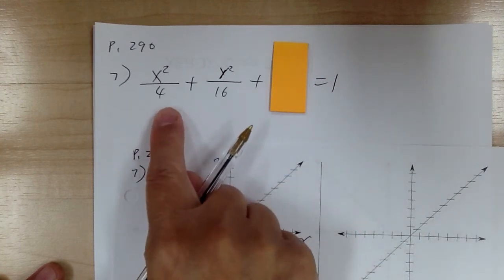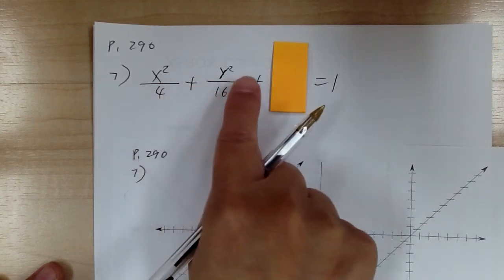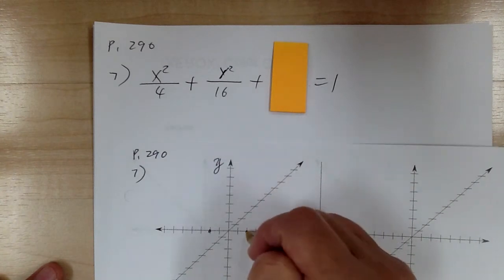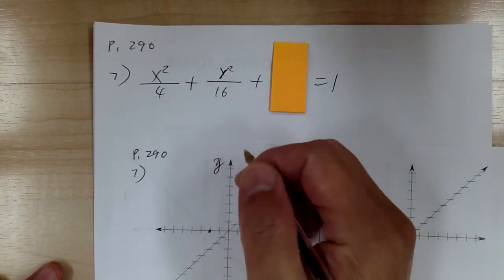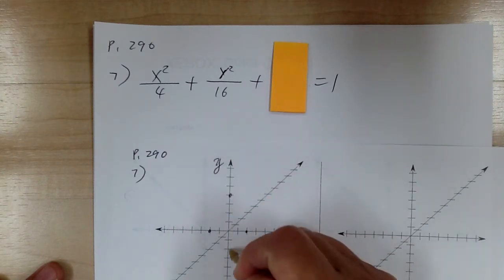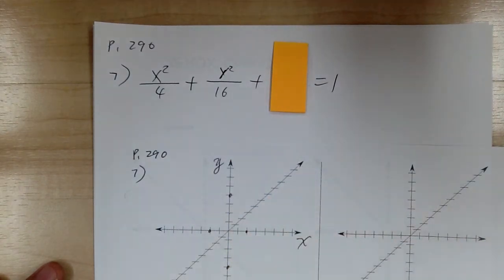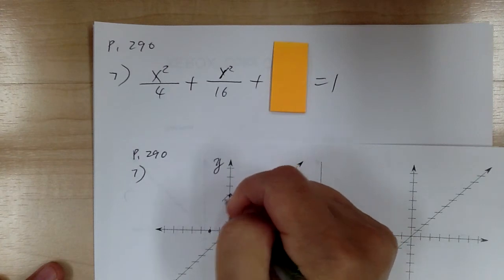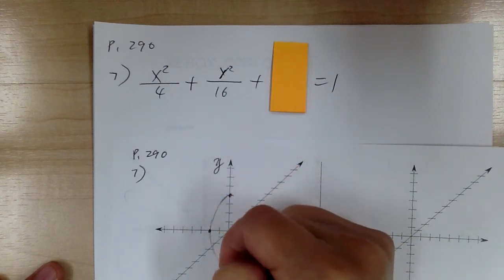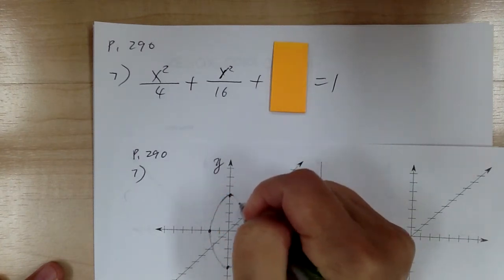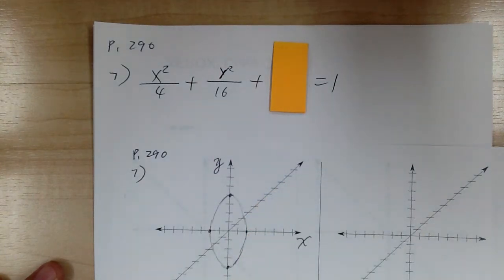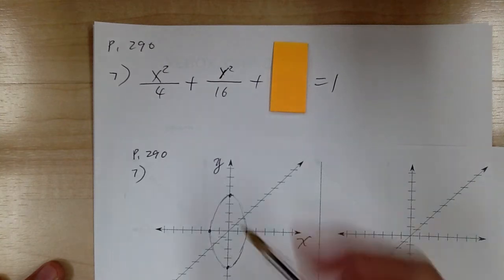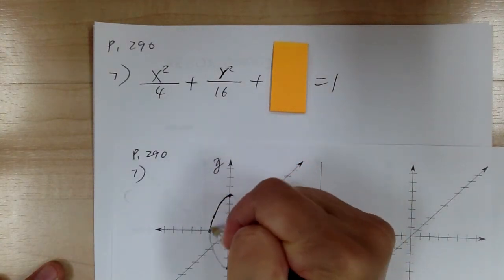The center is going to be at 0, 0, 0 because there's no parentheses. So you go 2 in the x direction, and 4 in the y direction. You use a pencil first to sketch it out, and then you can do that afterward.